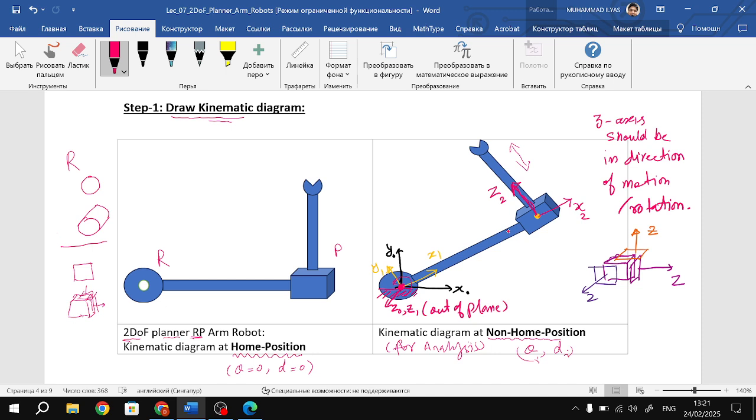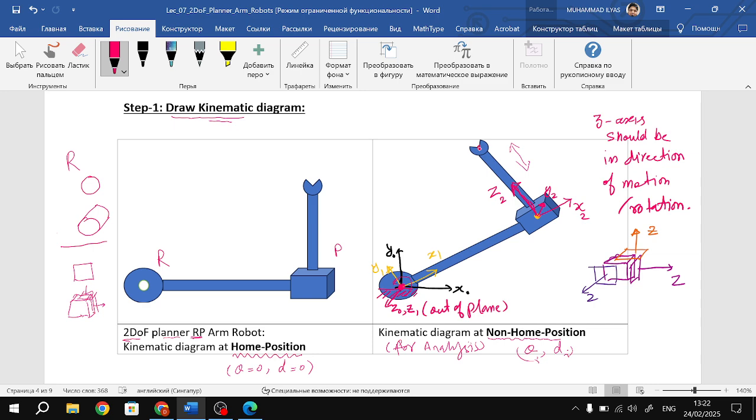So this is your z2, this is your x2. If I look from my direction, it will be into the page. That will be y2. But here we are not considering the 3D case, so we don't need y2 actually. But in general, y2 will be in this direction.